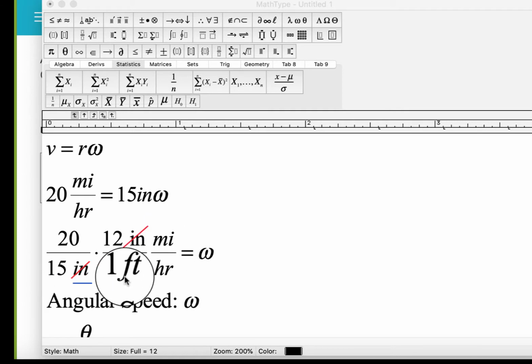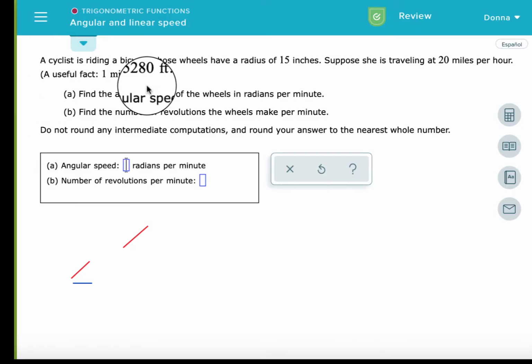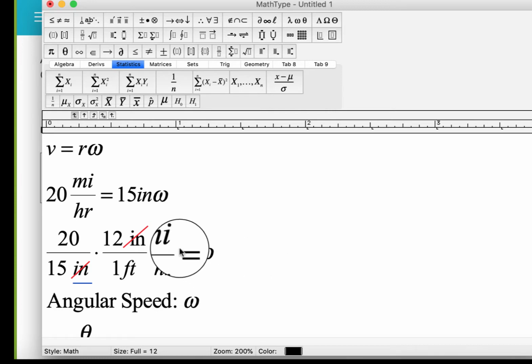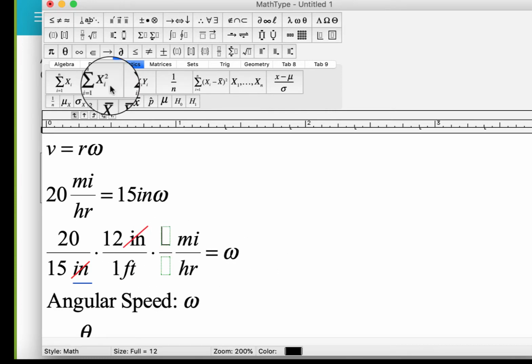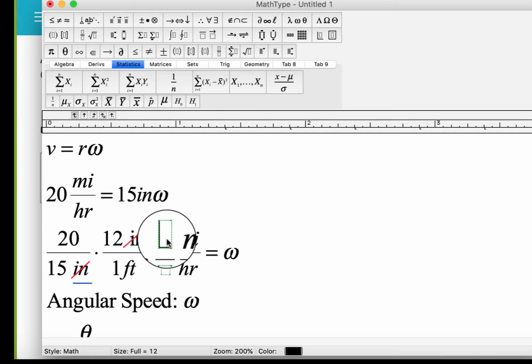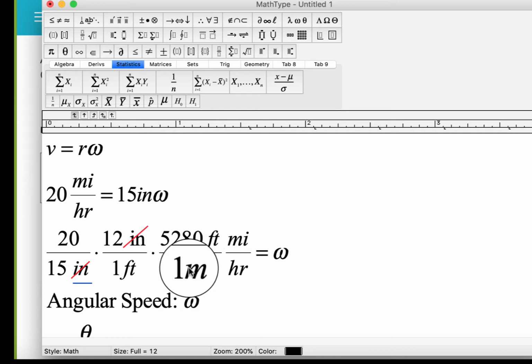But if we look back to our problem, they said that 1 mile was 5280 feet. So we're going to use that fact to convert this miles per foot situation. So I'm going to multiply by, again, that feet is in the denominator, so I want that 5280 feet to be in the numerator, and 1 mile.